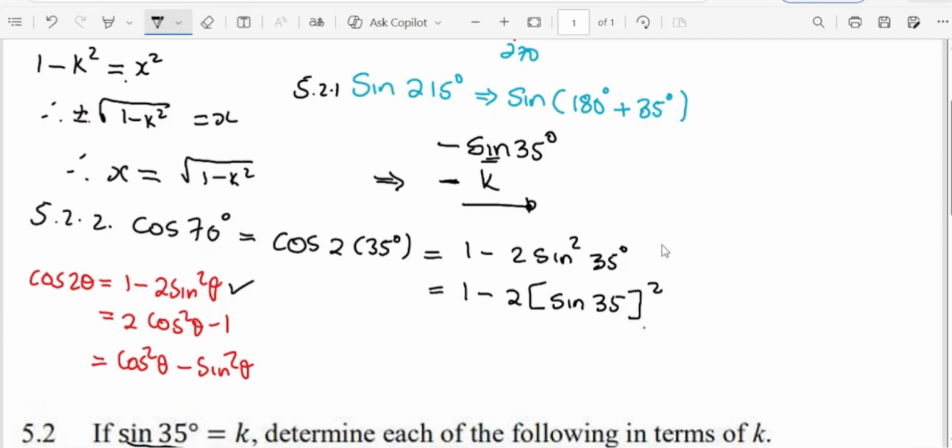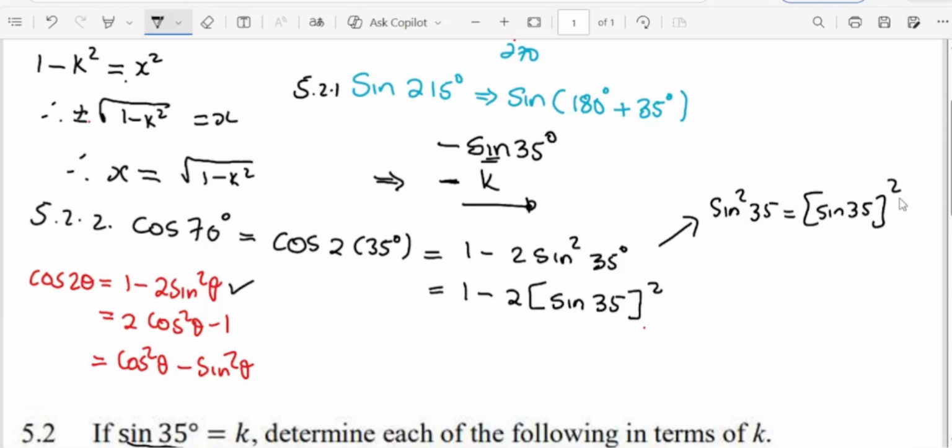What I'm trying to say is that sine squared 35 is the same as writing it in this form, sine 35 and everything squared. So these two things are equal.